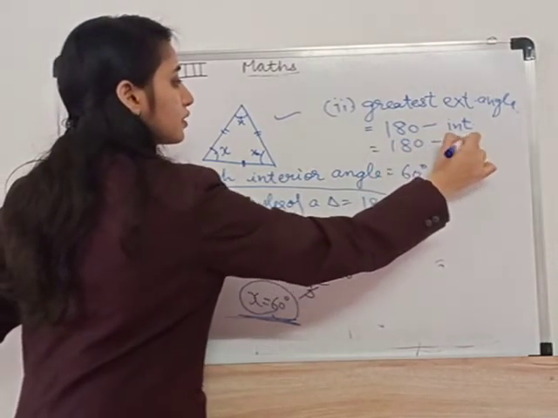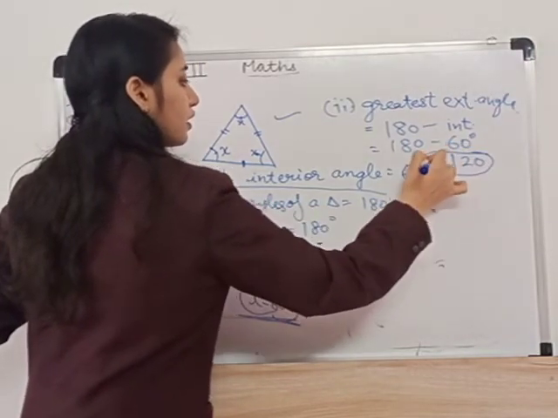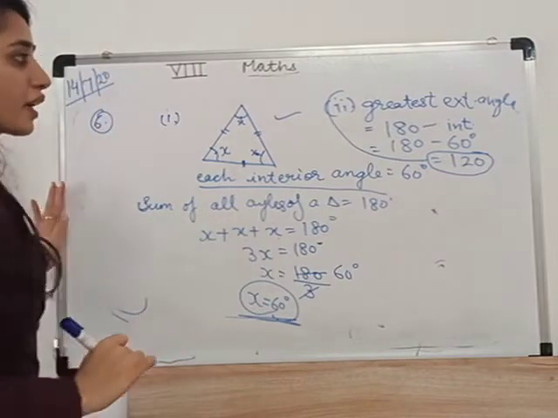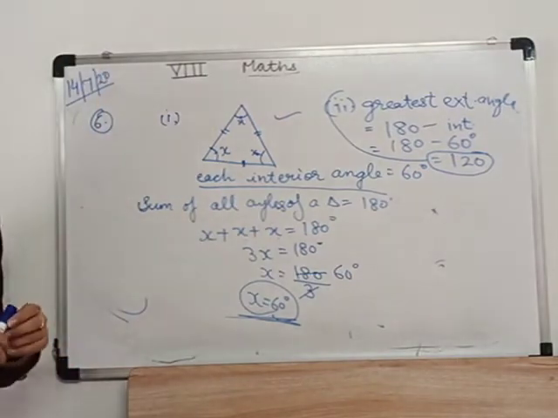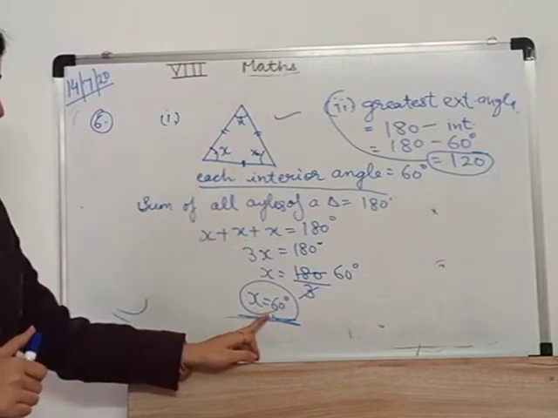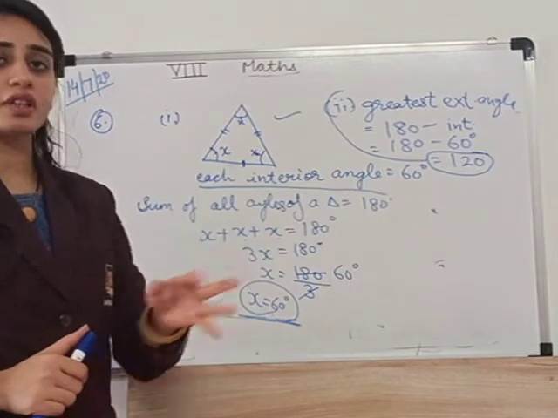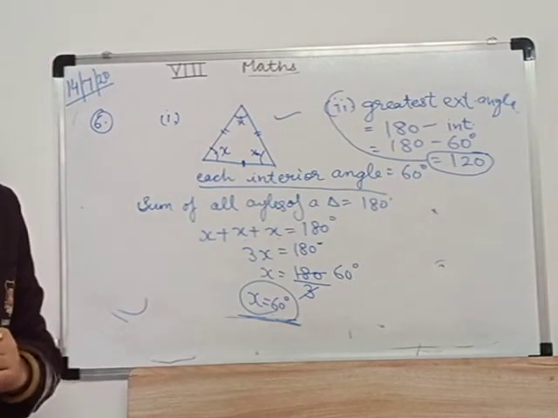So put it in this: 180 minus 60 is 120. So the greatest exterior angle is 120 degrees, and the minimum interior angle of any polygon is 60, and the greatest exterior angle of any polygon is 120 degrees.